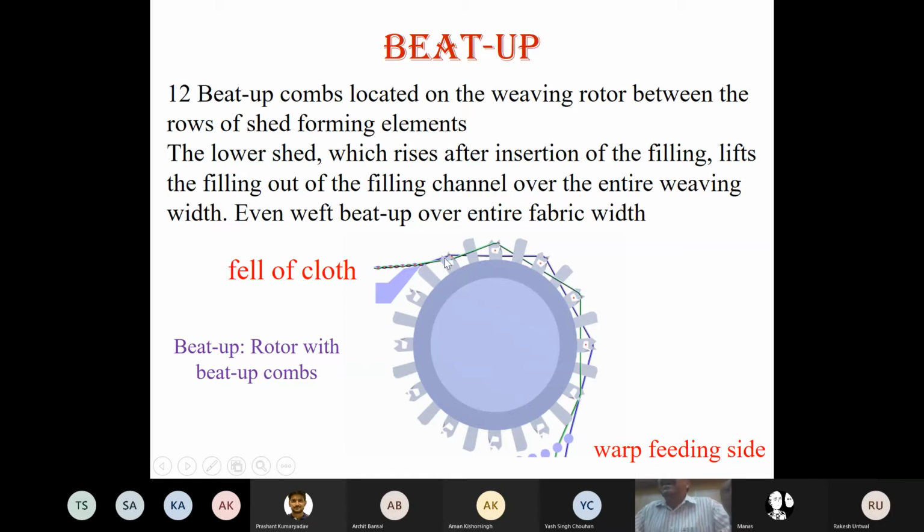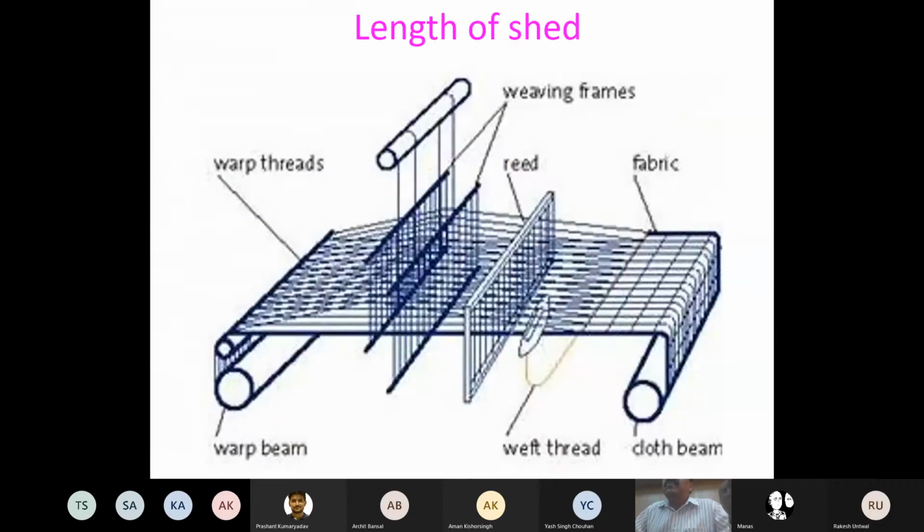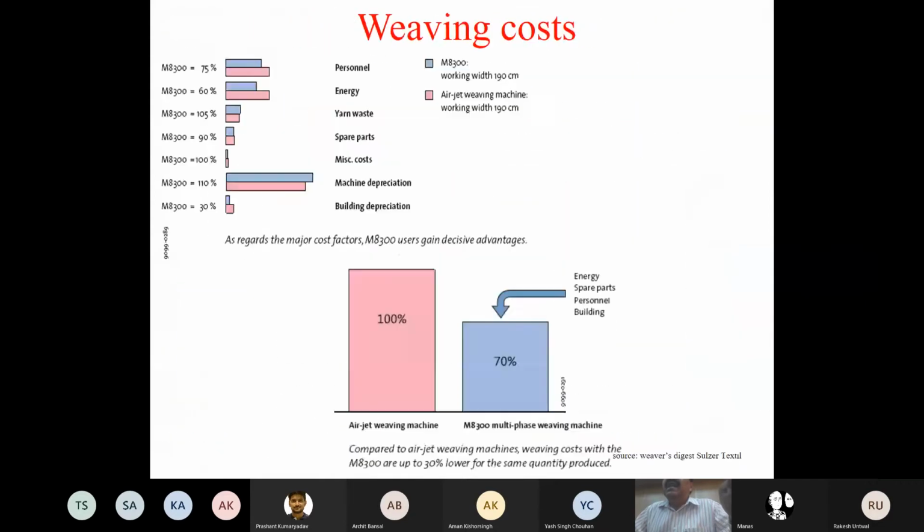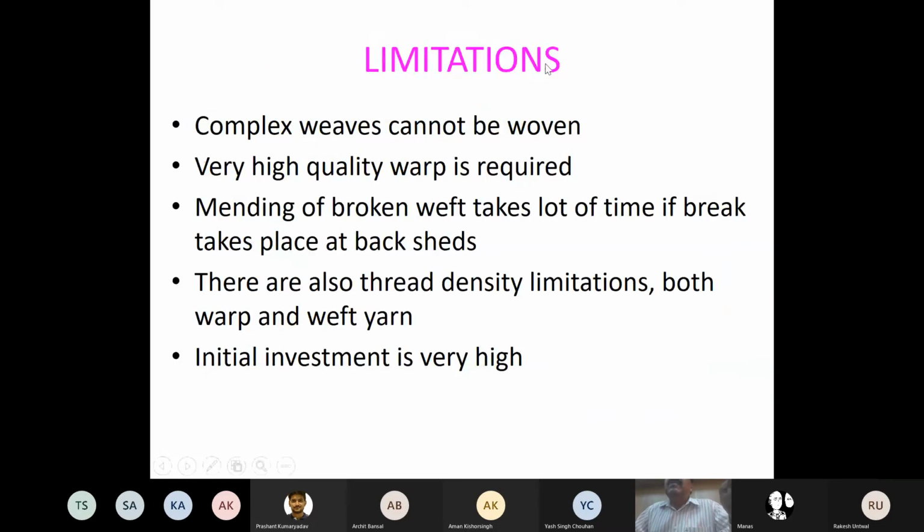Whereas in this, at every point here, here, the yarn gets abraded with these metallic pins. There is every possibility the yarn will break. So you have to prepare the yarn in such a manner that the yarn must not break during weaving. That's the point which is mentioned here under limitations. Very high quality warp is required.